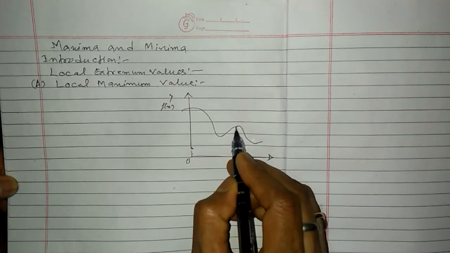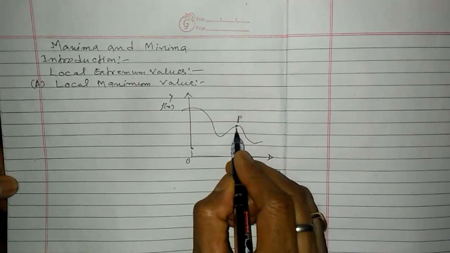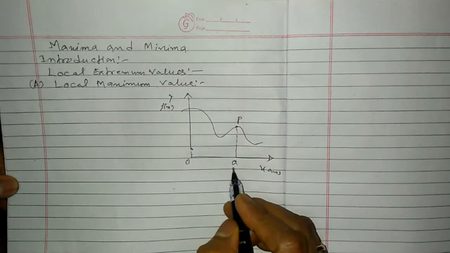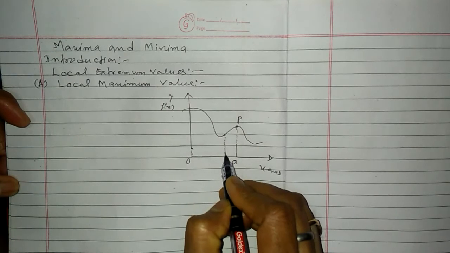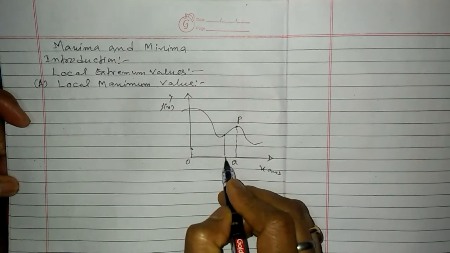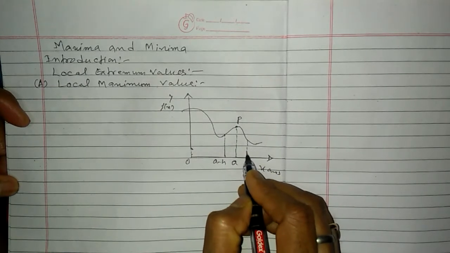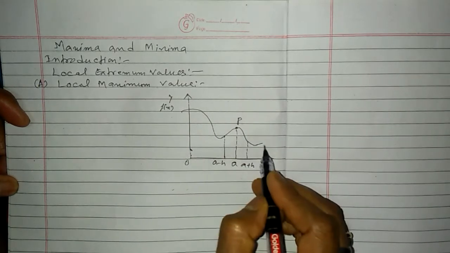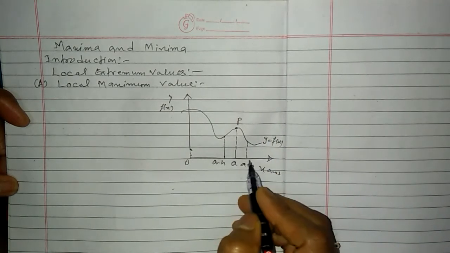Okay, here we take a point P, supposed to be at an x-axis point A, denoted by A, and we take another two neighboring points less than A and greater than A, supposed to be A minus h and A plus h. This is the curve of y equals f of x.